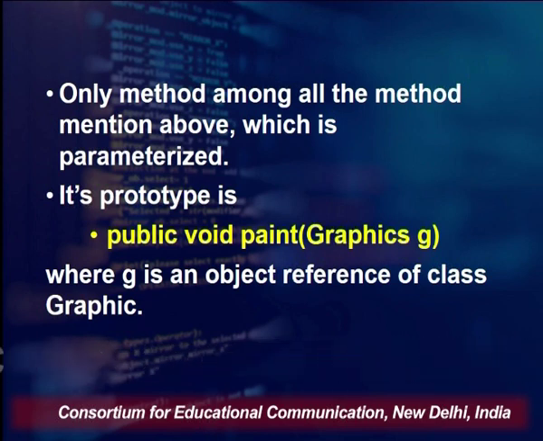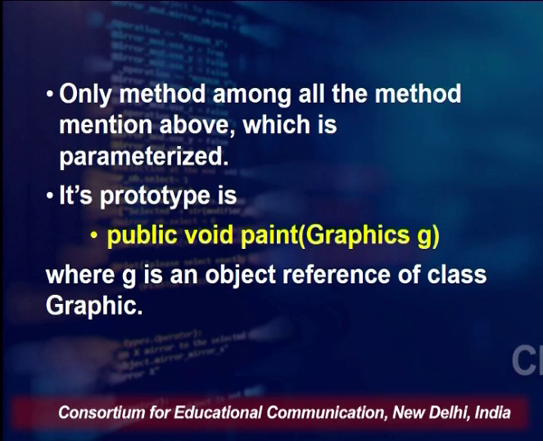As I told you, this takes the context of the class Graphics as the parameter. So, the whole signature goes like this: public void paint. Obviously this is a public method, not returning anything, so void, and the graphics context is passed as Graphics, with a reference variable g.